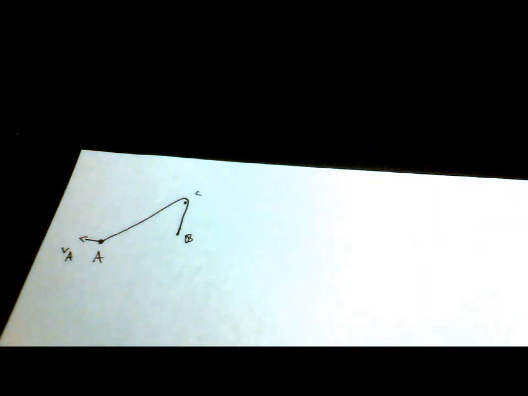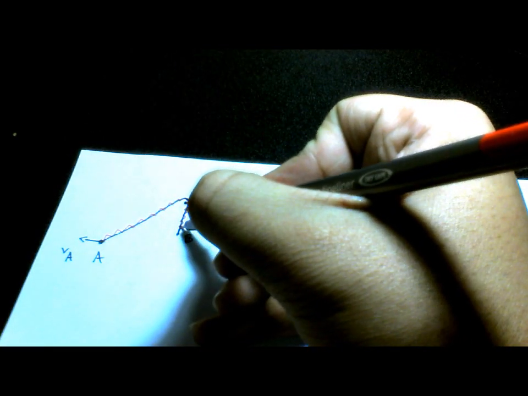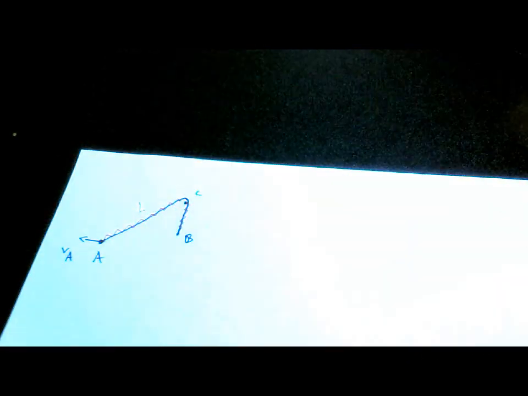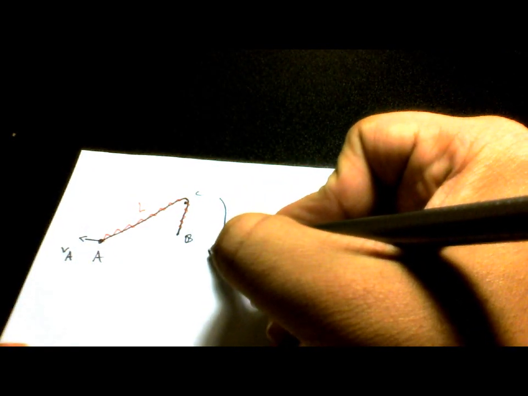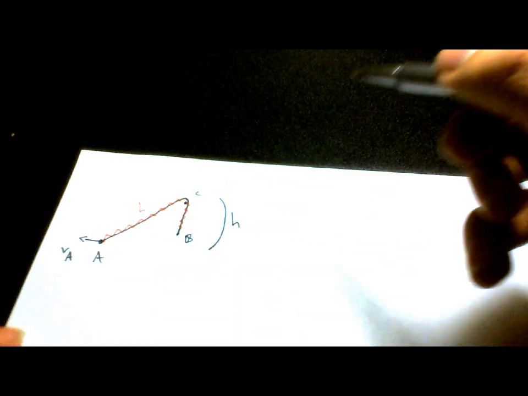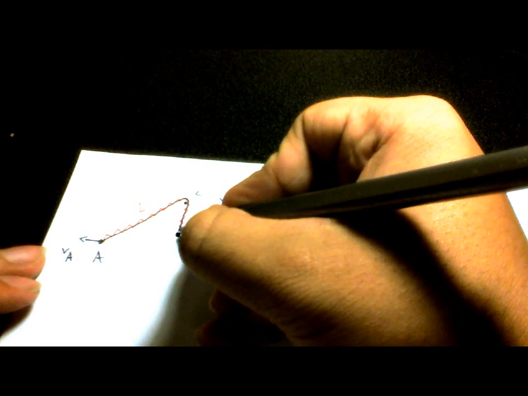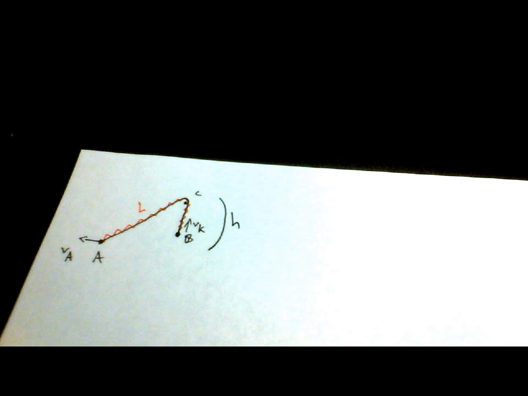We are then given the total length of the rope, which I'm going to call L. And then we are given height, this height here, which is in line with A. Now what we're asked for is velocity K. I call it velocity K because he's a kid, the kid going up.